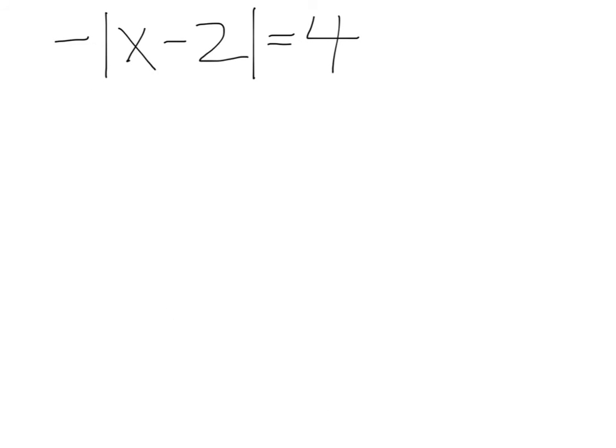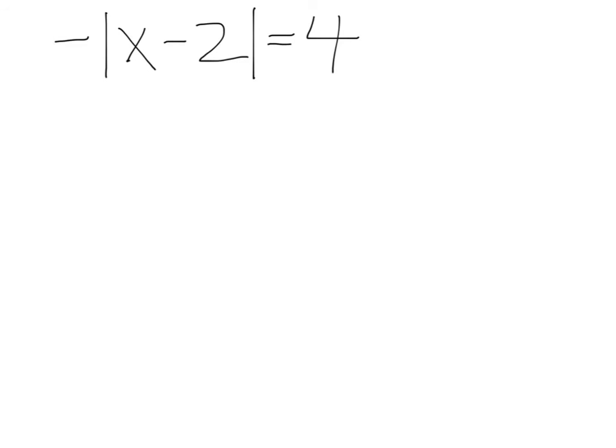I'm going to give you another tricky one this time. The equation is the opposite of the absolute value of x minus 2 equals 4. We can already see that that's going to be false, because as I have said before, absolute value is always positive. So if you had the opposite of absolute value, you know that would be negative. But you need to prove your point.